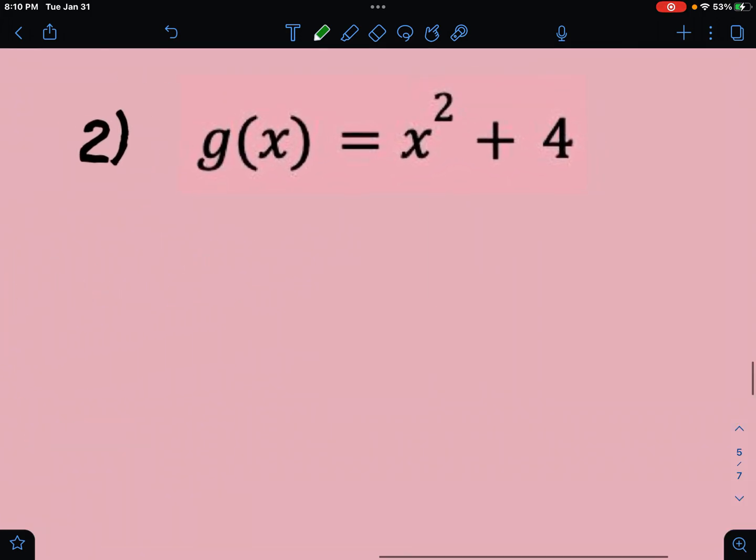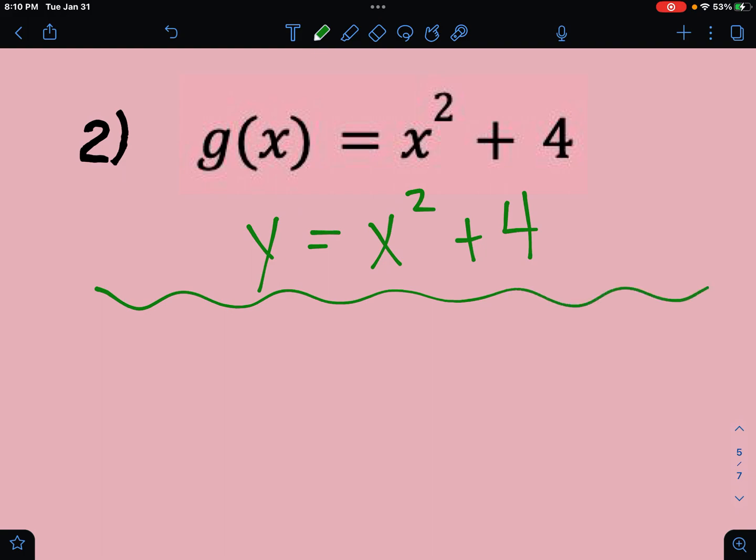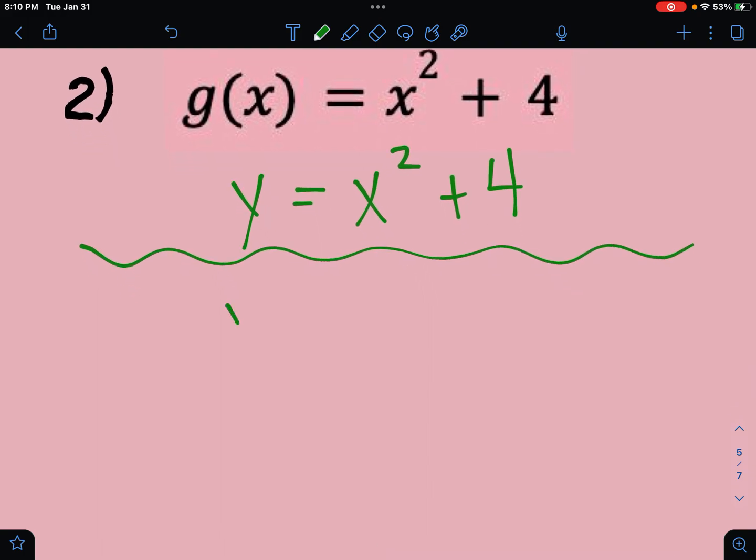Next one. First thing I'm going to do is replace g of x with y. Draw my squiggly line. Switch my x and y.